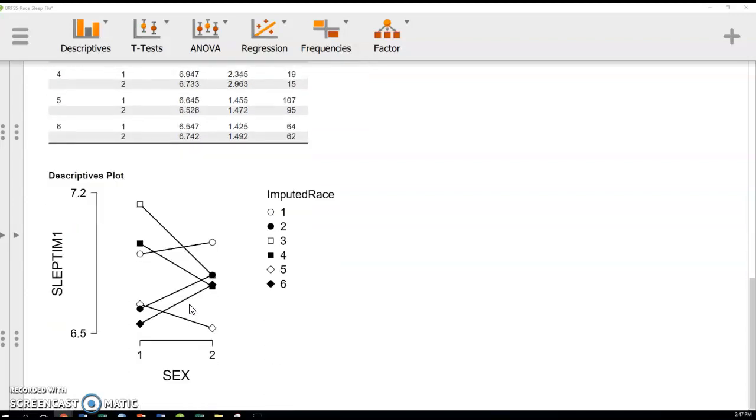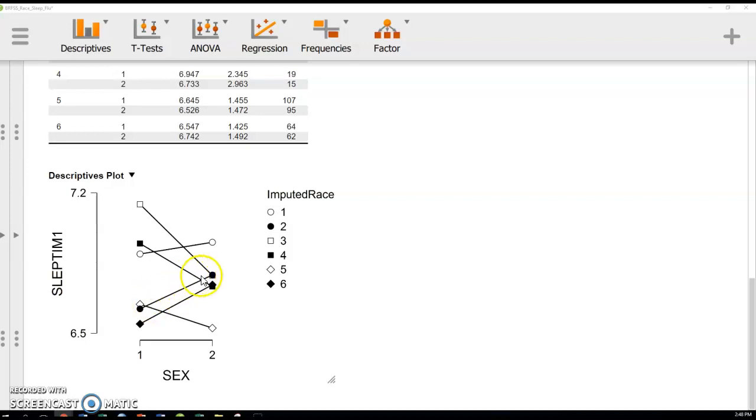Okay, descriptives plot. Here's where you can get into some really interesting understanding of the data. This is also where you really need to go to interpret the interactions that are going on, because what this does is it peels things apart by race and gender, or biological sex. So for example, let's say a reasonable question would be, do blacks and Asians get different amounts of sleep?